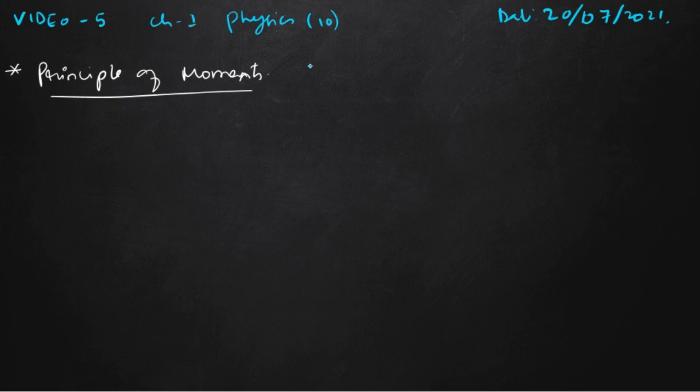Principle of moments states, you can just remember the definition, the sum total of all the moments. In the book two definitions are there, it's up to you which one you want to remember. This definition is easier to remember, so you can use this definition.